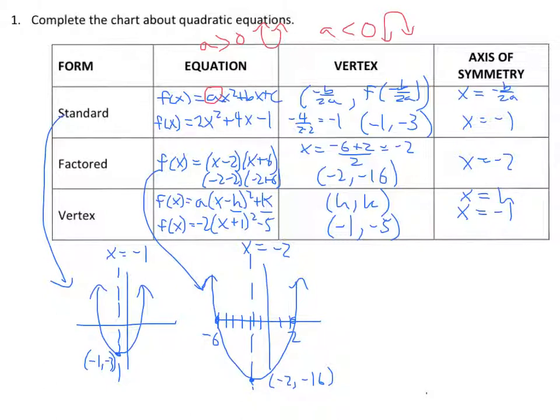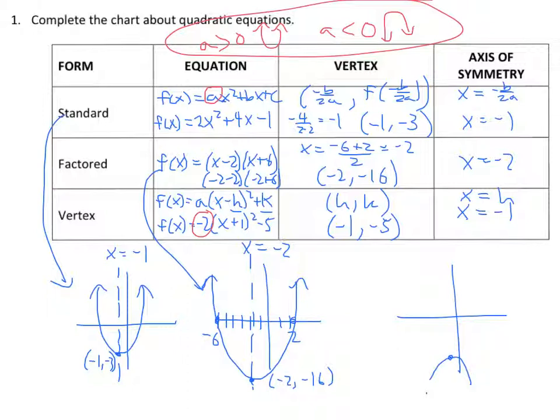The graph of this function would have its vertex at negative 1, negative 5, somewhere around here, and since this parabola has a negative a value, that same rule applies: since the number in front is negative, it's an upside down parabola. There you go.